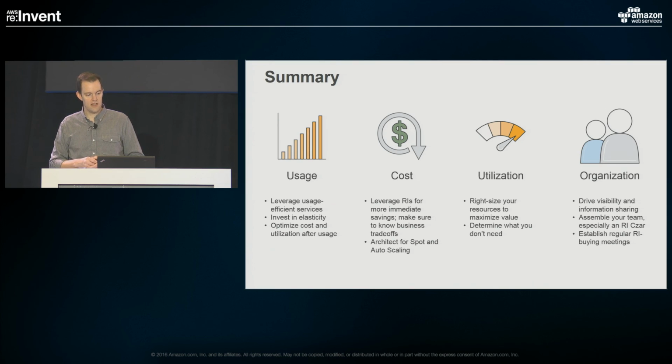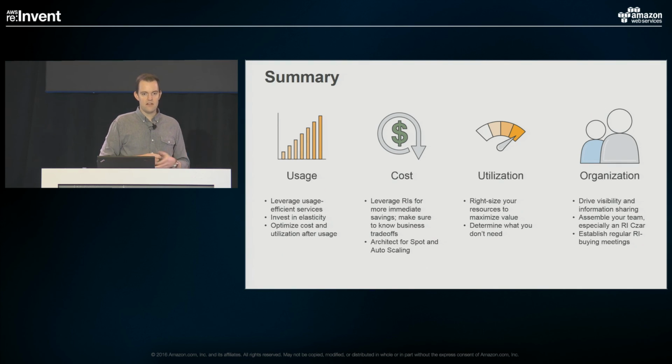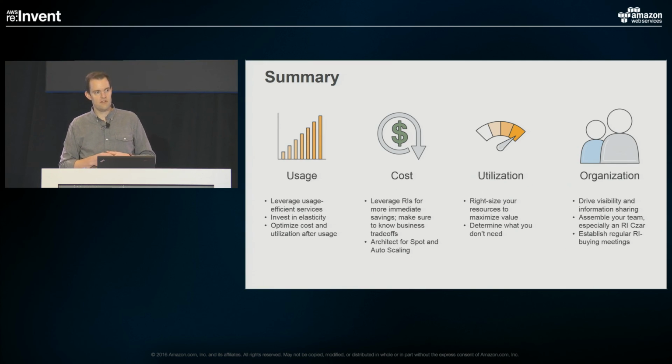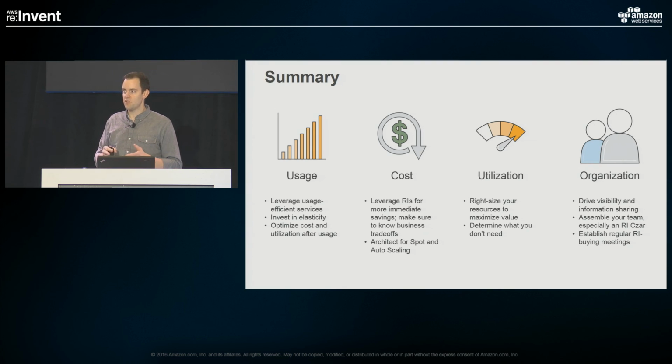Invest in elasticity, and then optimize everything else downstream of that. RIs, and again, I encourage you to check out the ENT202 session. Really understanding the language of RIs and the business priorities that lead you to purchase certain RIs, I can't emphasize enough. That's one of the best ways to reduce the rate of your cloud spend, especially when you're operating north of several tens of thousands of dollars a month in spend.